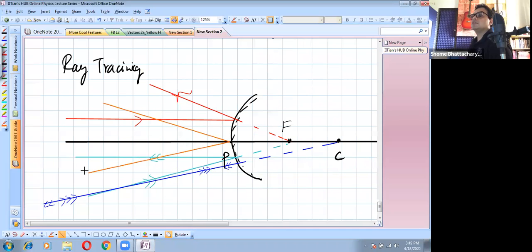Yeah, so maybe something like this. So this is my fourth and final type of ray. Incident at the pole, it diverges symmetrically. So this angle theta will be equal to this angle. That is the idea. So any combination of these 4 rays is enough for my image construction.